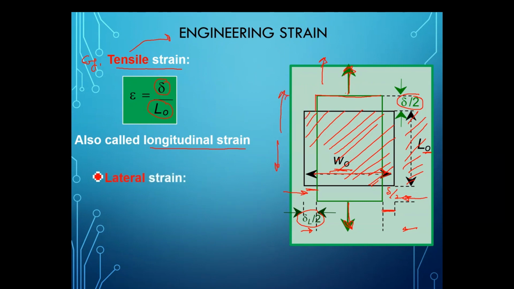The lateral strain would be the reduction in the lateral direction divided by the original width, W naught. So the change in the lateral direction divided by the width of the sample defines the lateral strain. Is this clear to you guys? Yes, sir.